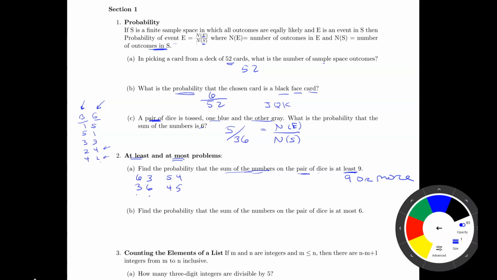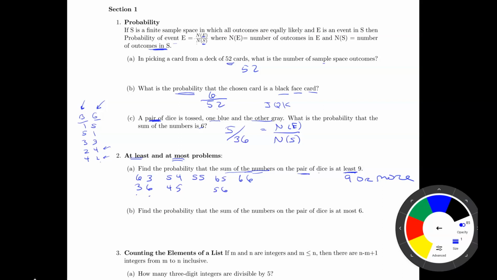And so then I'm looking for the 10, right? There's only one way to get a 10. And then 11, that gives me a 6 and a 5 and a 5 and a 6. And then 12, that's going to be a 6 and a 6. Let me think if I'm missing anything else. I think there's other ways to get 10.